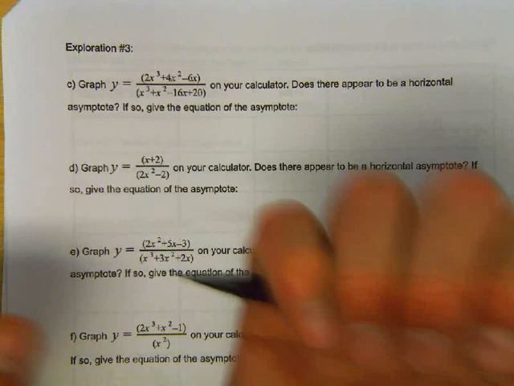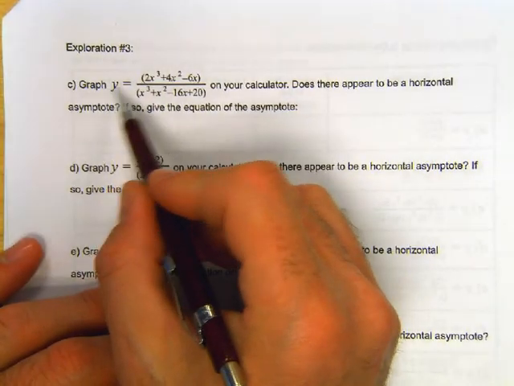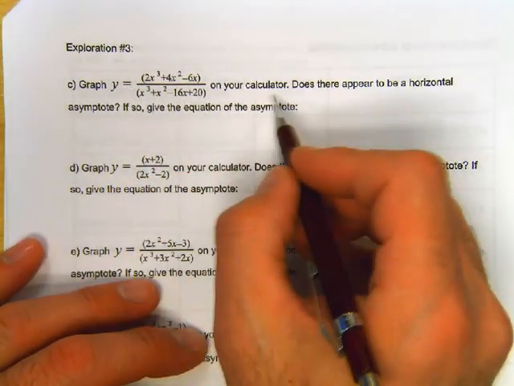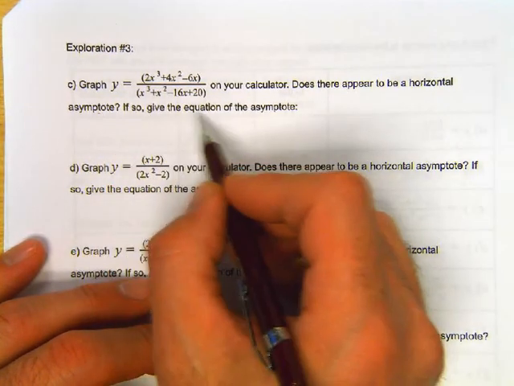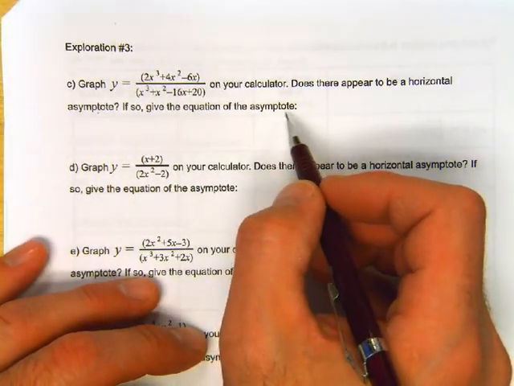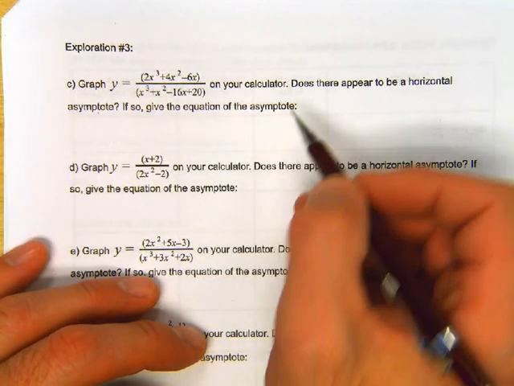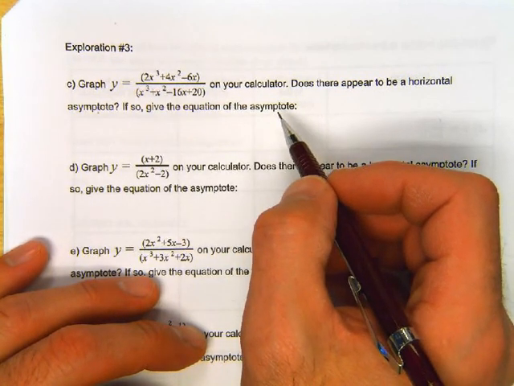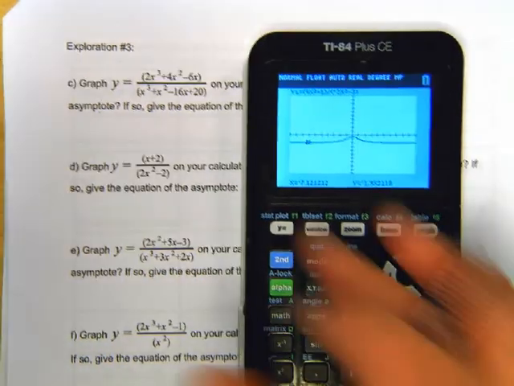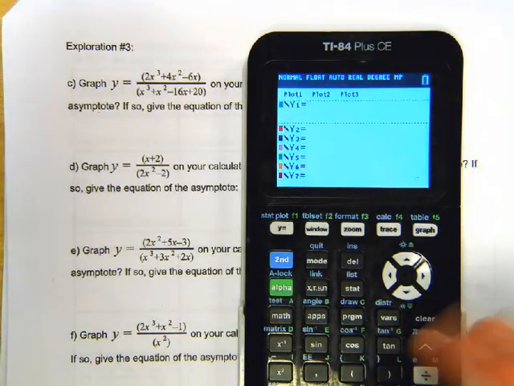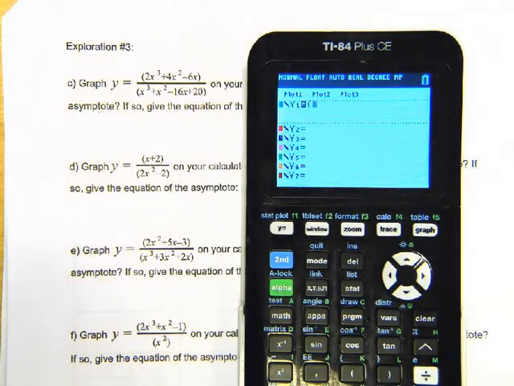Hey, let's turn the page, and based on what we know, let's look at some of these. It says, graph this rational function on your calculator. Does there appear to be a horizontal asymptote? If so, give the equation. Shall we graph first, or shall we make a prediction? Well, let's graph first.